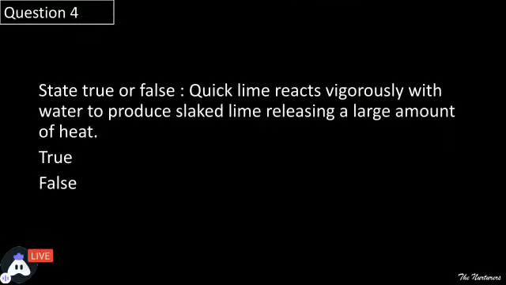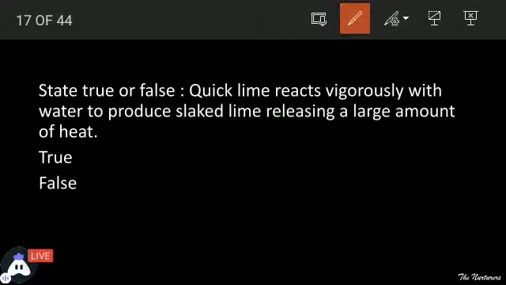Moving ahead. Now you need to tell whether it is true or false. That is, quicklime reacts vigorously with water to produce slaked lime, releasing a large amount of heat. तो जो क्विकलाइम जब वाटर के साथ रिएक्ट कर रही है और स्लेक्ड लाइम बना रही है बहुत ज़्यादा हीट के साथ, क्या ये बात सही है या गलत है?